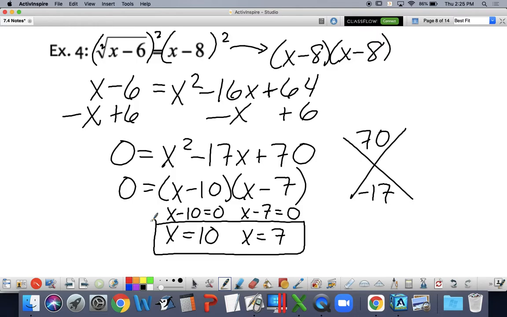All right, this side of the room, you check 10. This side of the room, you check 7. Let's double check that they actually work. You can do it in your head, you can do it on the calculator, you can write it out. Yep. 10 work?